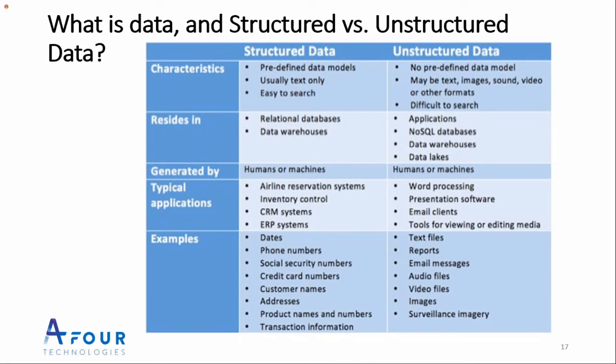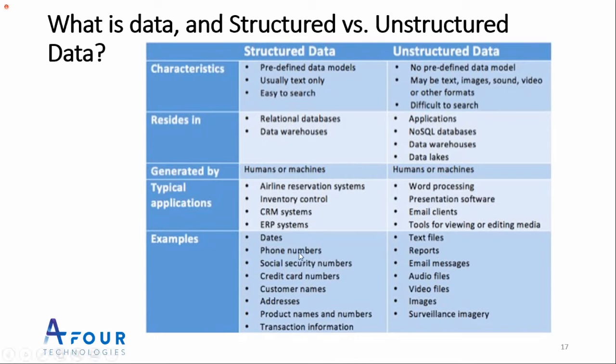This data can be generated by humans or machines. Typical applications for structured data are CRM or ERP systems. For unstructured data, it could be word processing, presentation software, or tools for viewing or editing media.